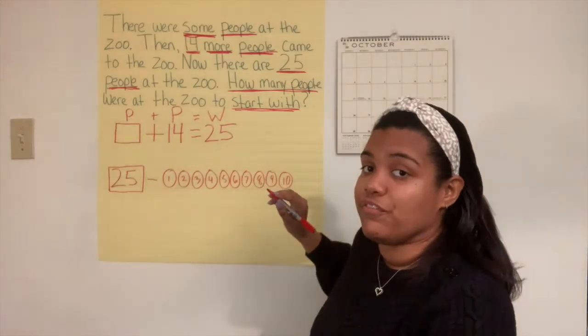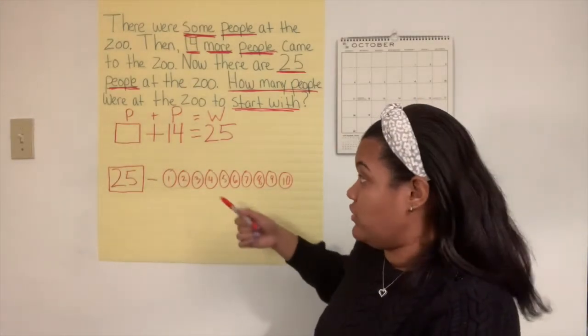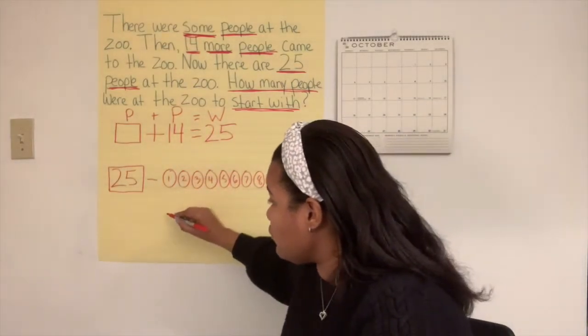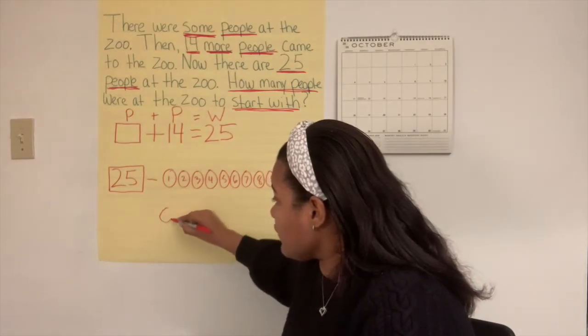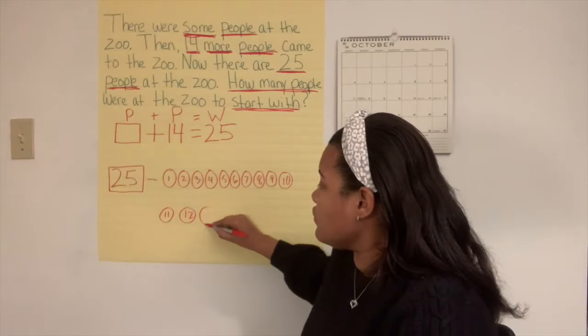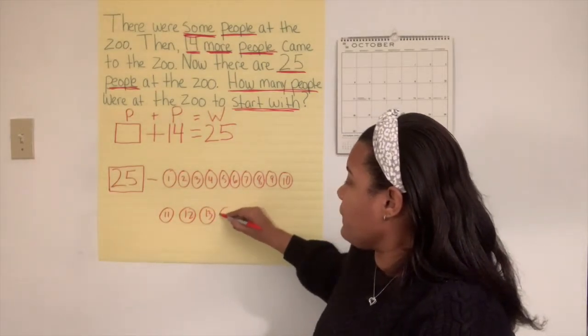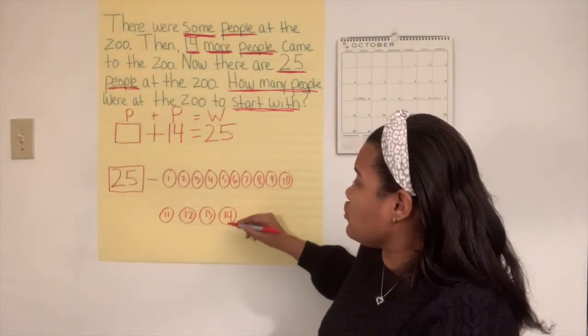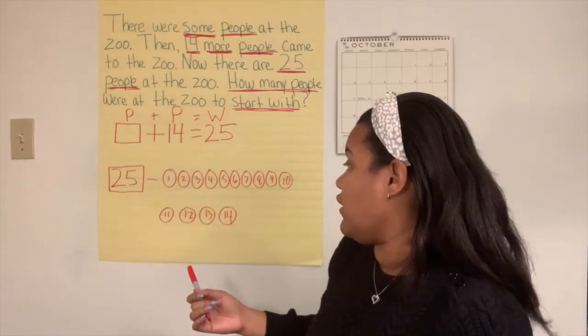Good. So we got to our first 10. Now we need to keep going until we reach the 14. So let's do that. 11, 12, 13, and 14. So we got to that 14 right there.